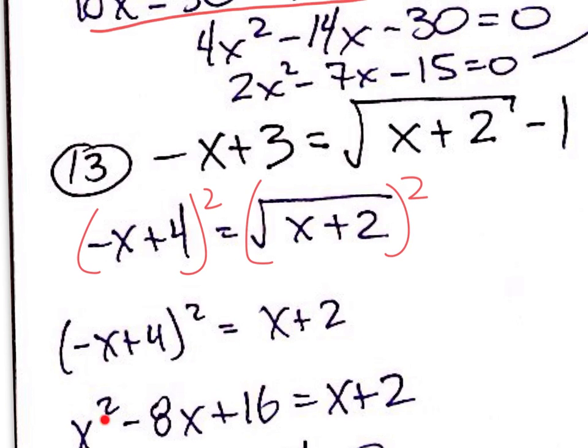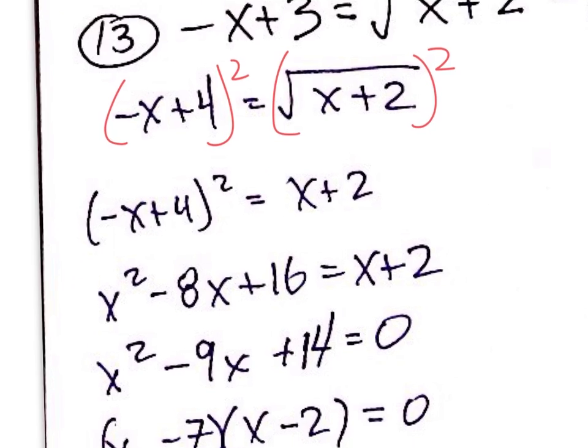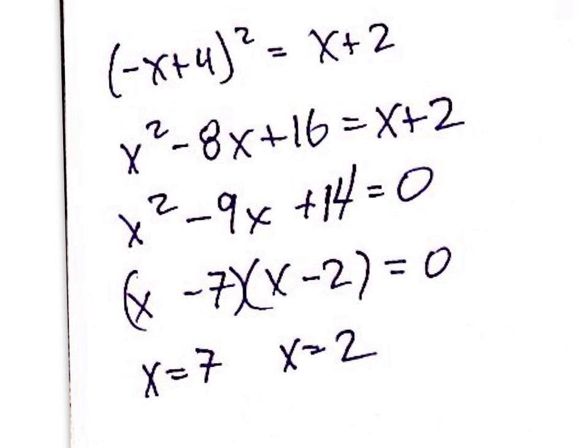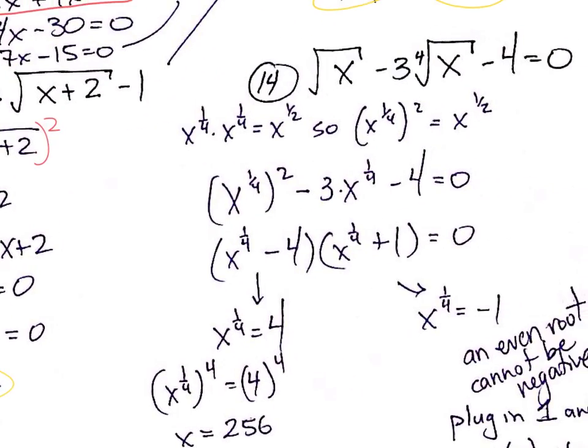Like the previous example, I'm going to expand out. So I multiplied this, moved everything over, subtracted x from both sides, subtracted 2 from both sides, tried to factor, lo and behold it worked, and I end up with x equals 7 and x equals 2. Again, I know I'm moving quickly here, but we are running out of time.